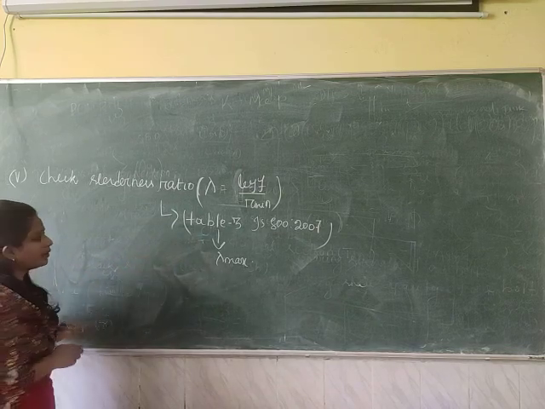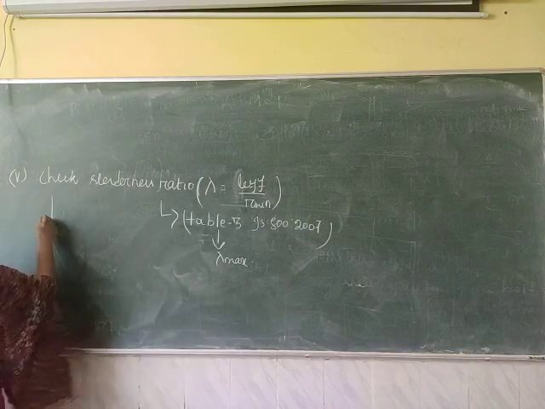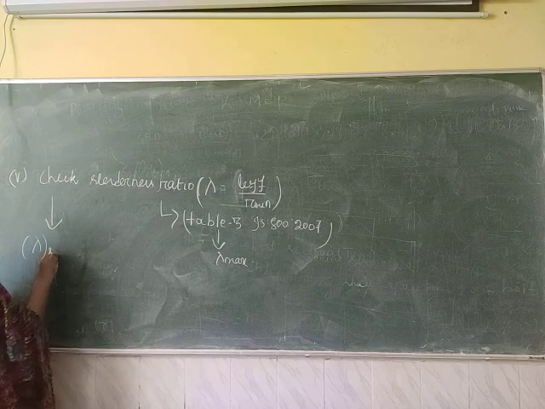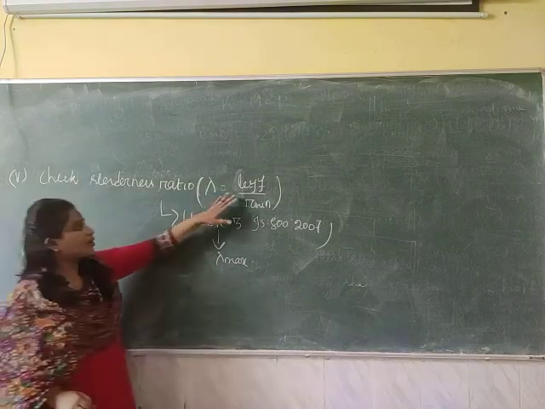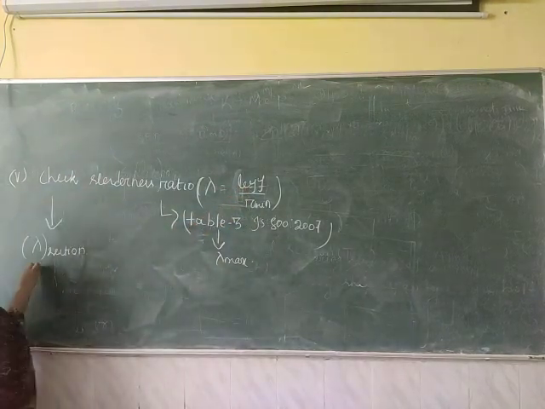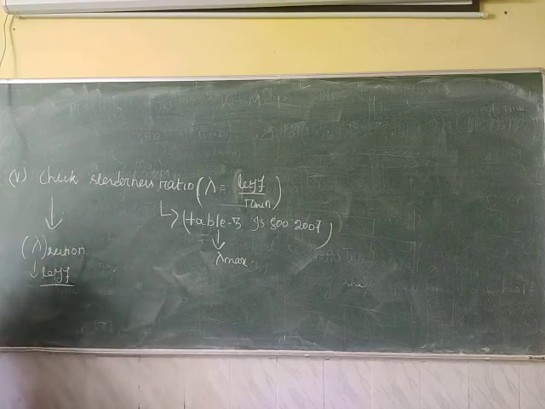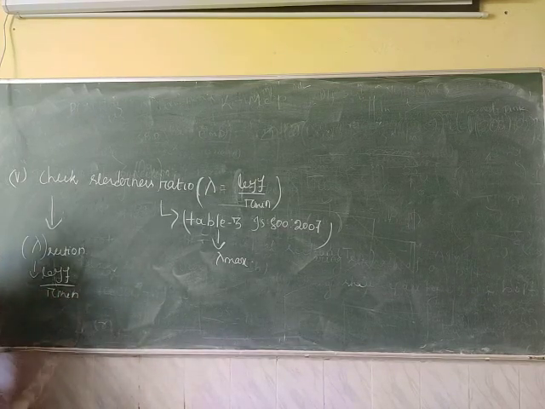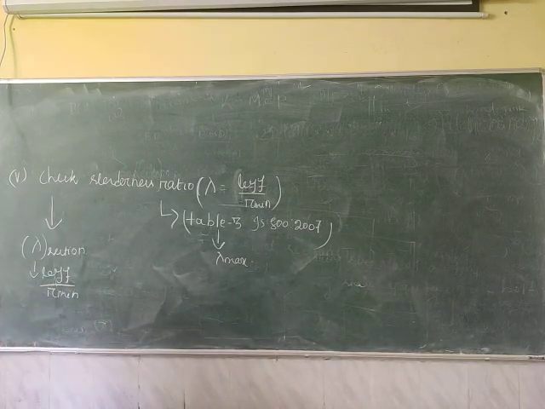So here we have to calculate the slenderness ratio of the section. For that we require the effective length and the minimum radius of gyration. The effective length will be given in the question, and the minimum radius of gyration you can get from the properties of the section in the steel table.